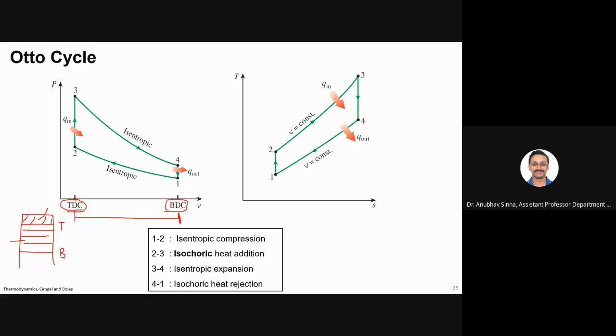Now let us look at the processes involved. The first step is isentropic compression. We are compressing from 1 to 2. We are basically moving this piston from bottom to top.